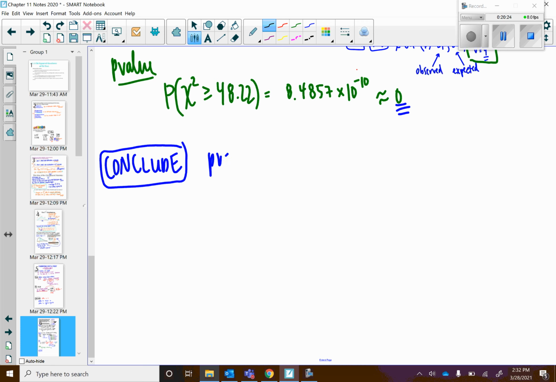So our p-value, which is 0, is definitely less than alpha, which is 5%, which means we are going to reject our null hypothesis.